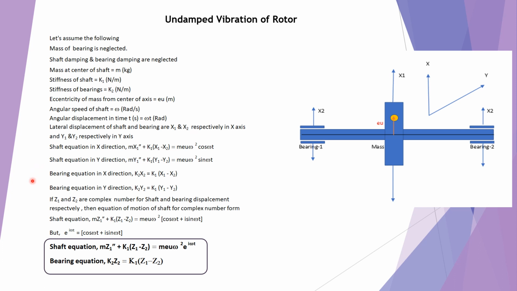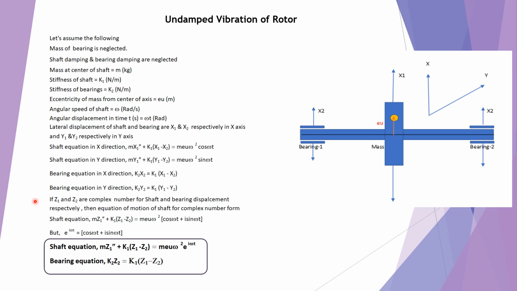The bearing equation in x direction can be written as k2 x2 is equal to k1 into bracket x1 minus x2 bracket close. Similarly, the bearing equation in y direction: k2 y2 is equal to k1 into bracket y1 minus y2 bracket close.